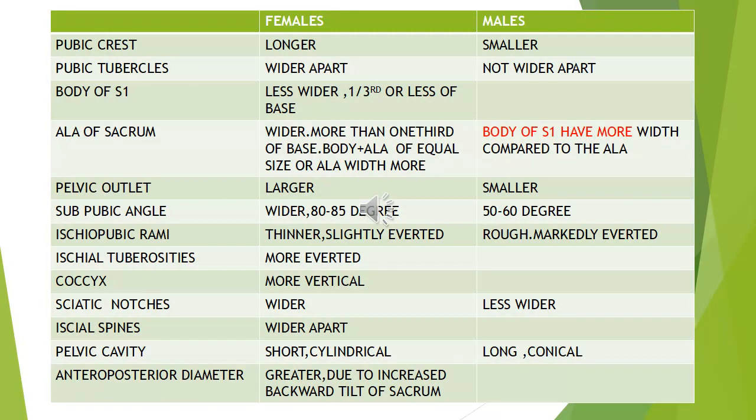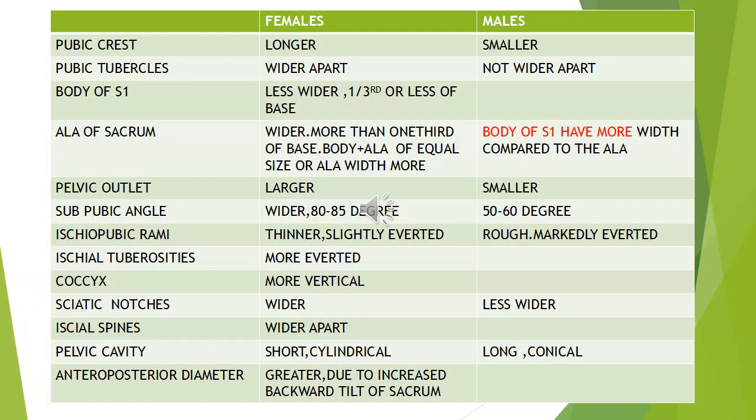So the ala of the sacrum and the base of S1 are almost equal in width. But in the case of female, the ala is wider than the width of the first sacral vertebra. Then the next is the pelvic outlet.